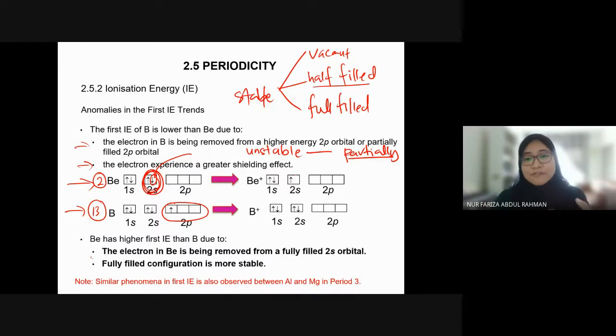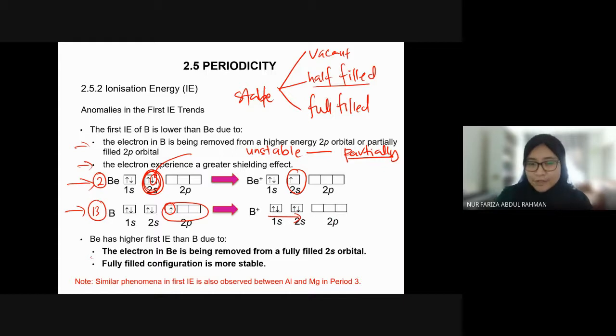You boleh remove, so dia akan jadi macam ni. So Be plus, so it become like this, but you need more energy. You require a lot of energy in order to do so. But for boron, you don't need as much energy. So you just perlukan tak banyak lah in order to ionize the electron to become this.